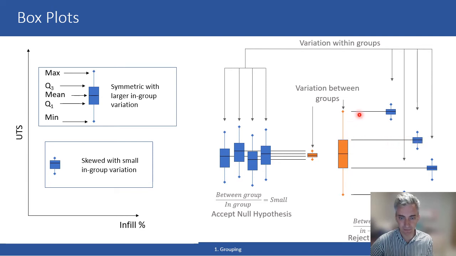So now you can see that the between group variation, which is the variation of these mean values, so we take all of these means for the different breeds and calculate the variance, we're going to have a very large variance in the weights of these different breeds. But the in-group variation, which is this blue box here, is very small. So in this case, if we calculate the F statistic, we have a large between group variance and a small in-group variation. So the F statistic is going to be large.